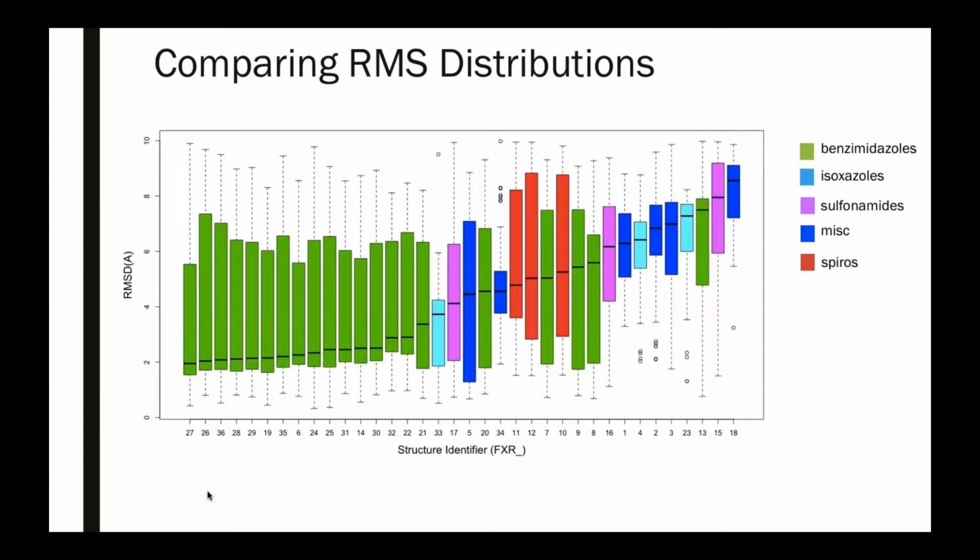I don't really have time to go into all the details, but I'm hoping that everyone will look at these and try to understand a little bit more about why some of these scaffold classes were easier to predict and why there were particular structures, especially within the benzimidazoles, that were more difficult to predict.